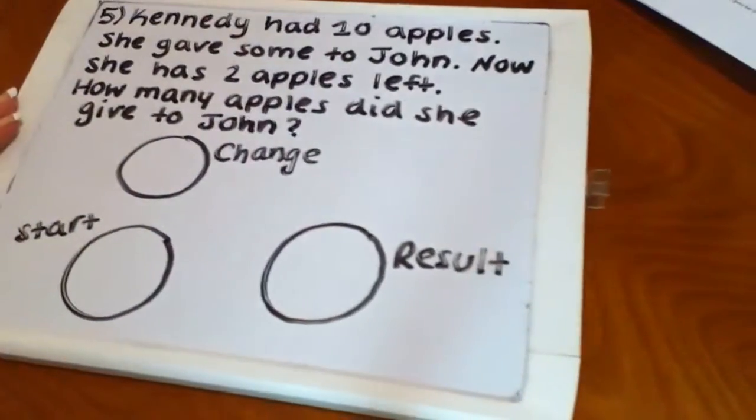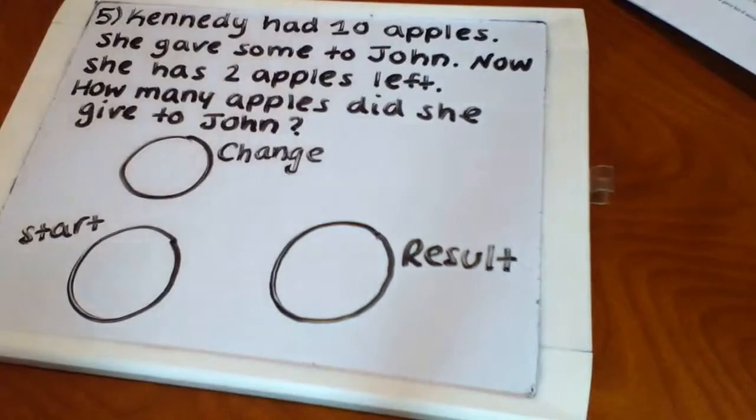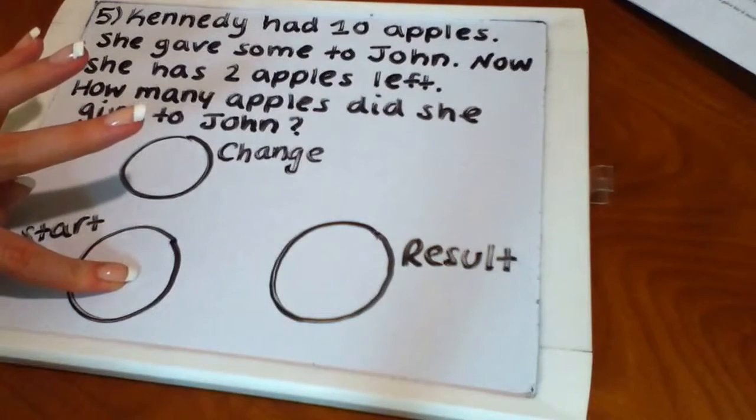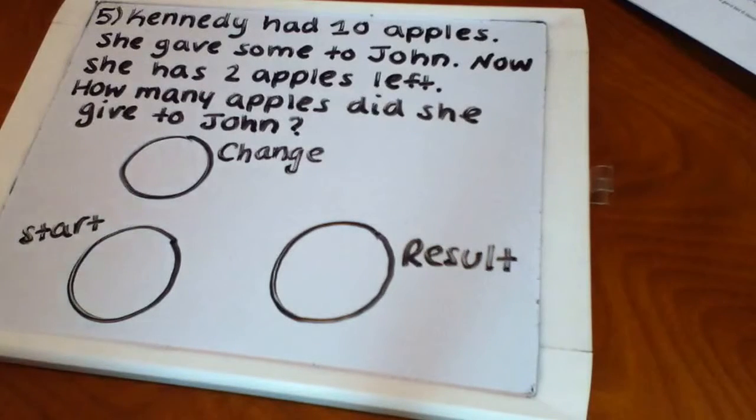So we have 3 circles. We have our change, start, and result. And the way this works is you have your starting point, and then something has to happen. Some kind of action needs to take place. In this case, that action is that Kennedy is giving away her apples.